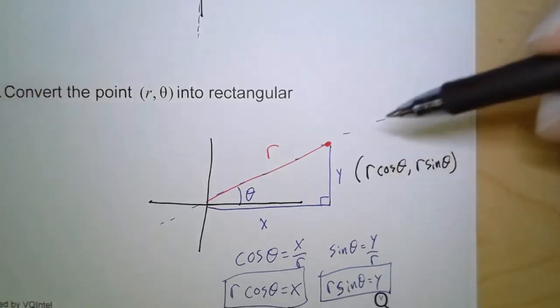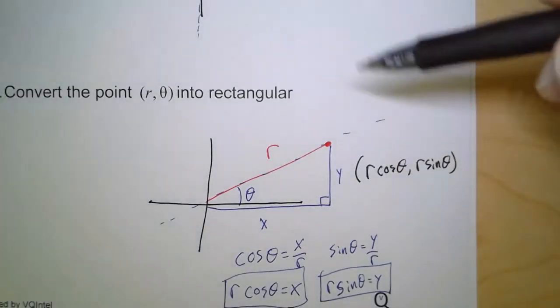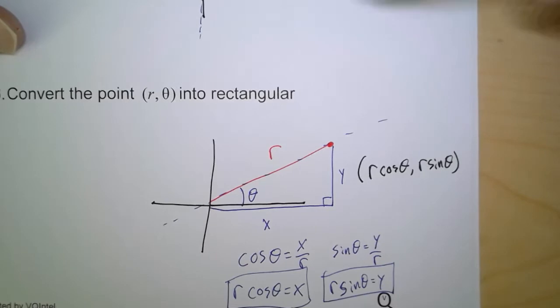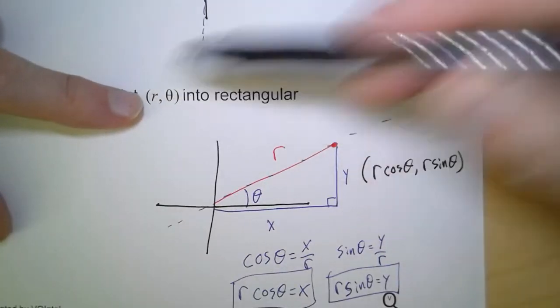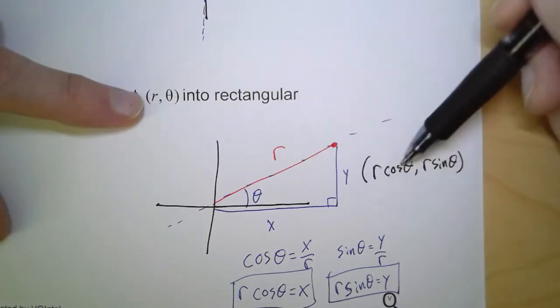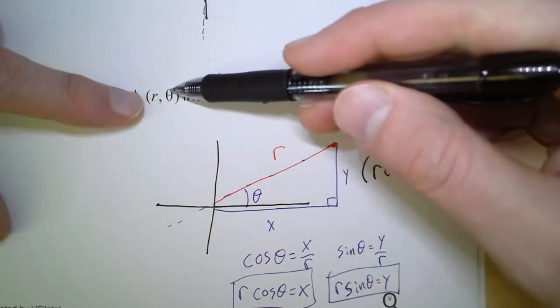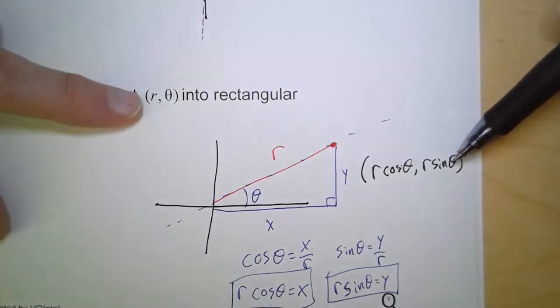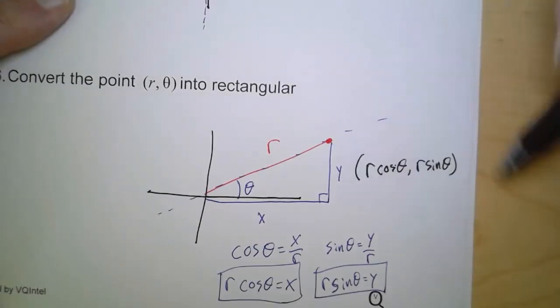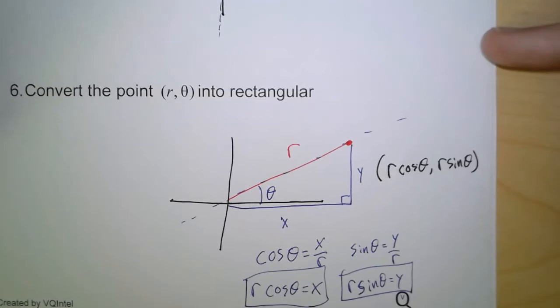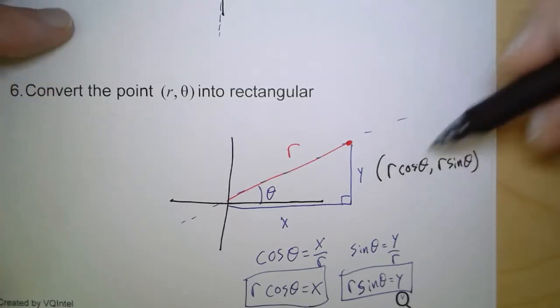And so you can actually go back to all the previous problems in this set and take the r value times cosine of the angle to get the x value, and take r times sine of the angle, and that should give you the y value. So this rule right here works for any polar point, to convert into rectangular.